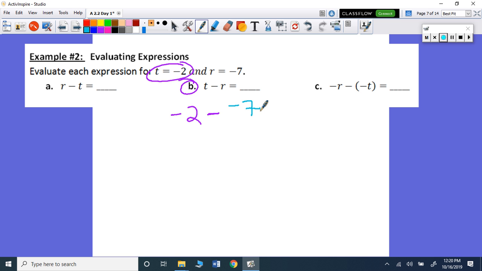Okay. Well, you have to recognize this as a subtraction problem. So I'm going to add the opposite. Instead of a -7, I'm going to do a positive and a subtraction. If that was last night, what's our answer, Jacob? 5. Yeah, unlike signs, you subtract and keep the sign of the bigger number.